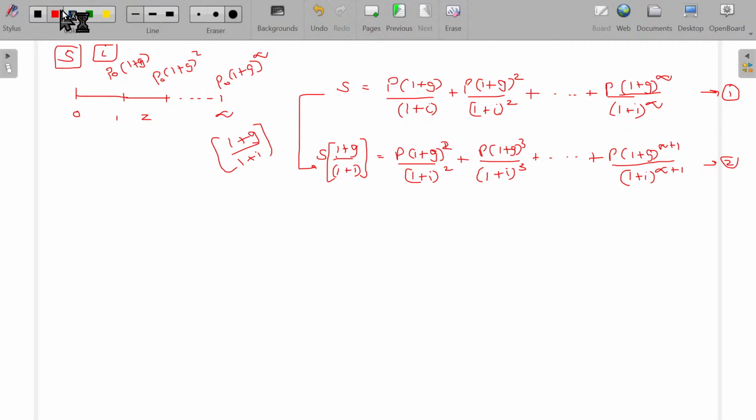Now I am going to subtract equation number 1 from 2. Here the second term of the first equation and the first term of the second equation get cancelled. The second and this one will be cancelled, and the last one here gets cancelled.